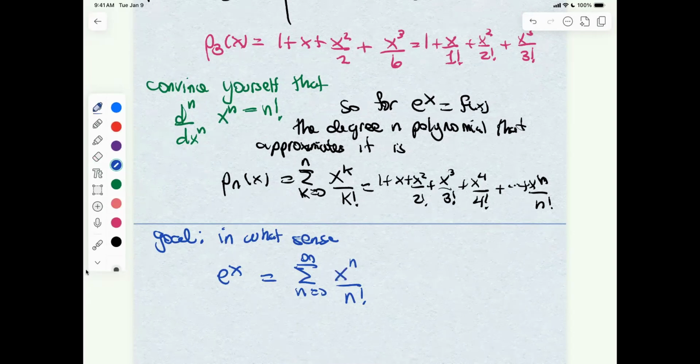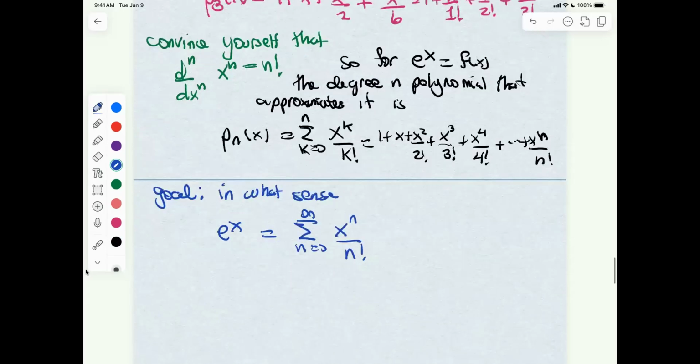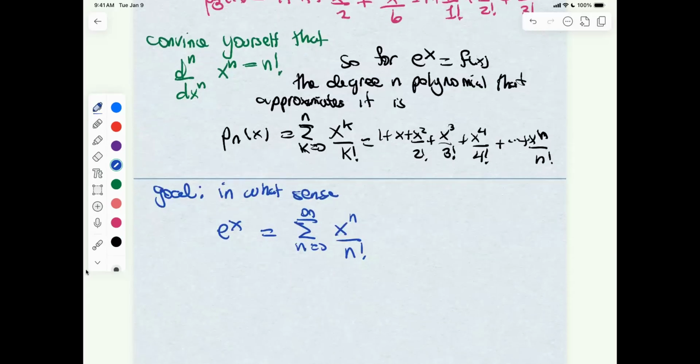And for something like the exponential, it is more or less true, in the way that you would expect, that the limit of these partial sums is e to the x. This will be called the Taylor series for the exponential. And that is where you get all these funny looking formulas.